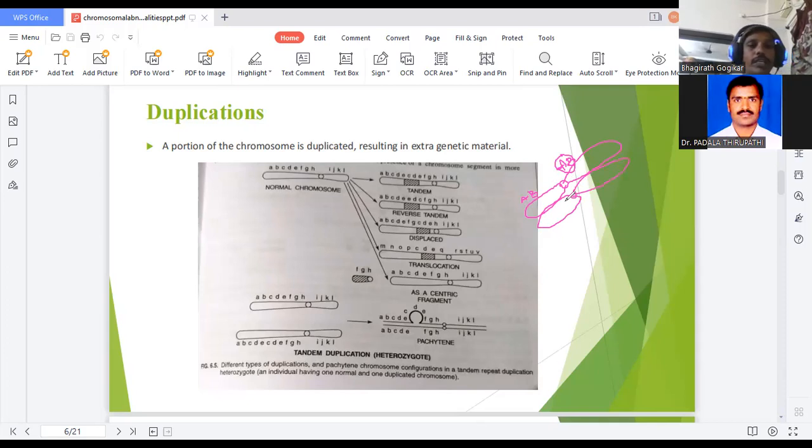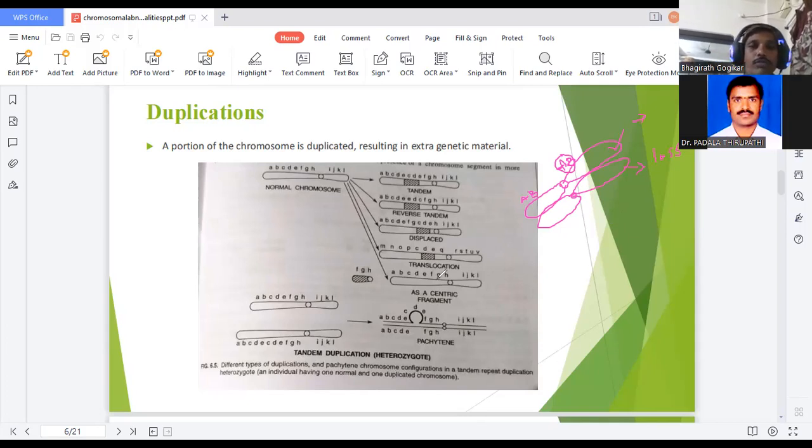In this case, one chromosome contains many genes, while another chromosome loses genes. Deletion and duplication both change the total number of gene loci on the chromosome.